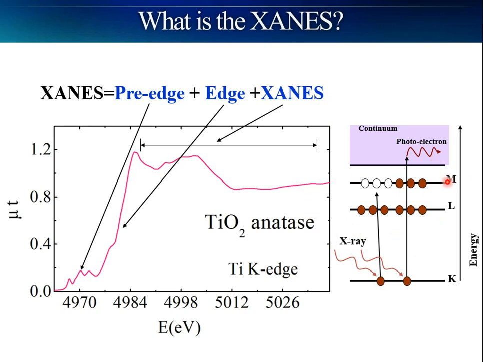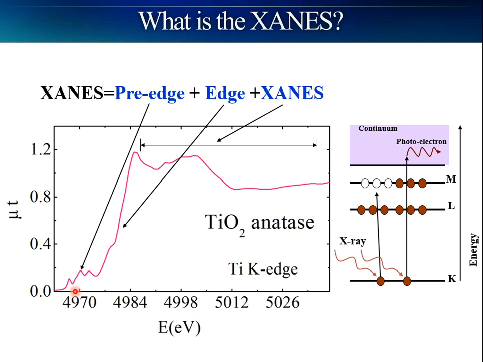These figures I already showed. The pre-edge is produced by transition to an empty state, right? And the edge is the threshold to transit to the continuum state, and then the XANES is the phenomenon via multiple scattering. Okay, multiple scattering threshold like that.